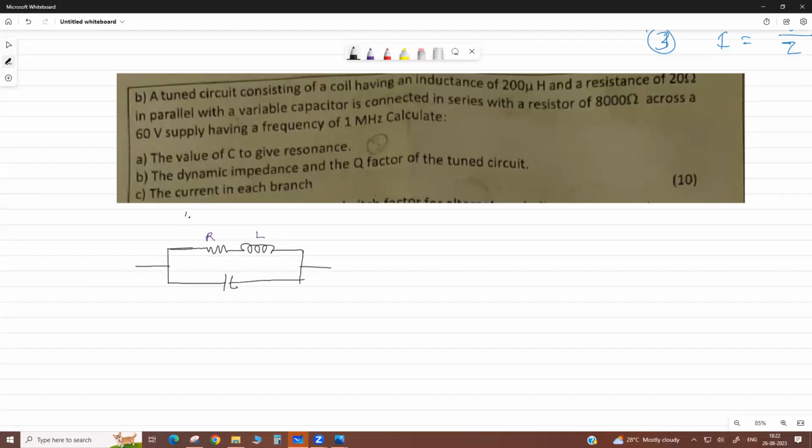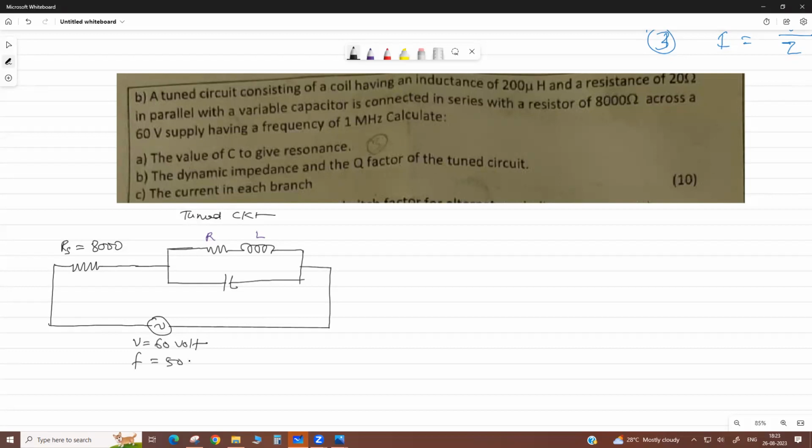This is called a tuned circuit. Across this there is also one series resistance, which has a value of 8,000. Across this tuned circuit we apply a potential of 60 volt, 50 hertz.